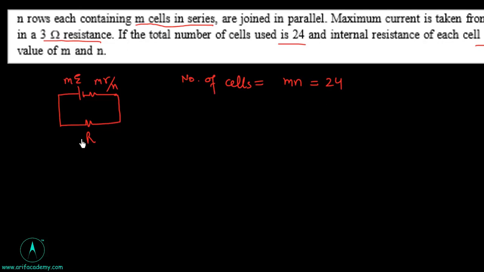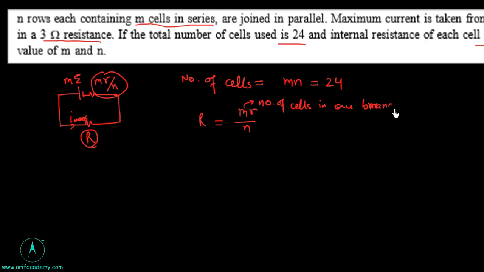And for maximum current, the resistance R will be equal to the internal resistance of the combination. So R equal to mr by n, where m is the number of cells in one branch, and there are n rows containing m cells in series.